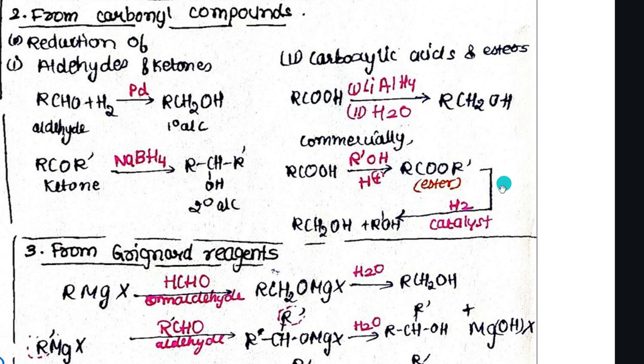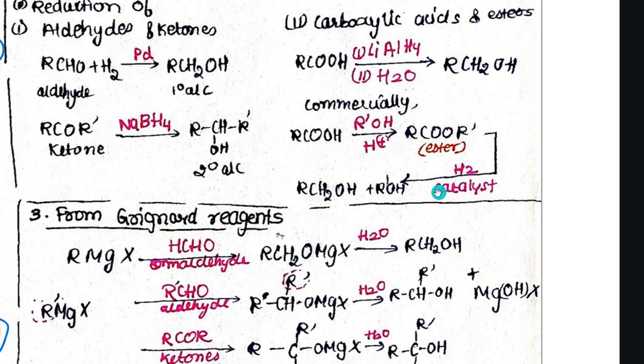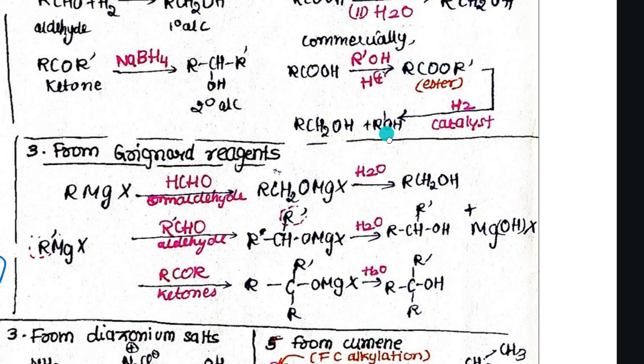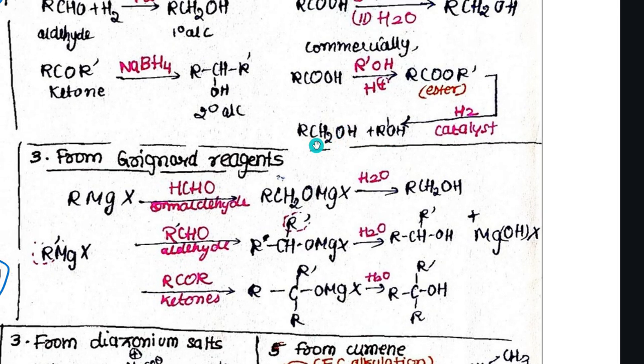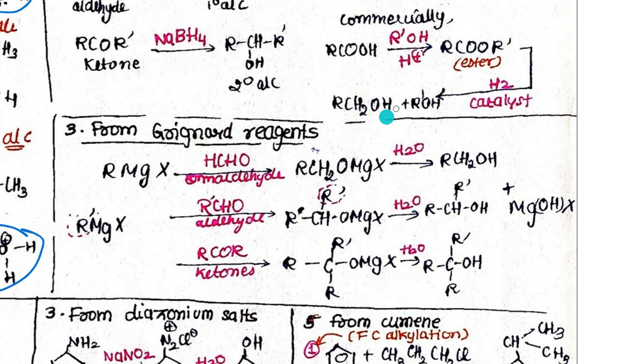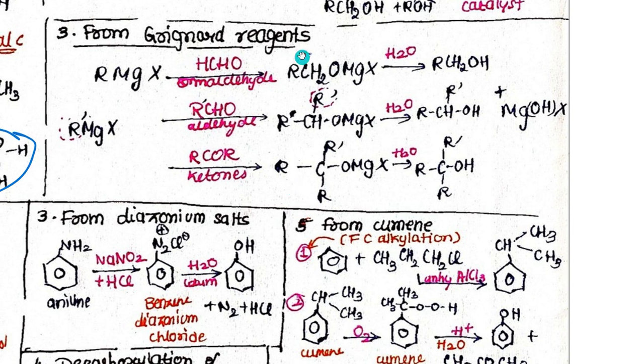This ester on reaction with H2 in presence of a catalyst will give us R'OH, the same alcohol that we initially attached with it, and one alcohol, that is RCH2OH. Now coming to from Grignard reagents.